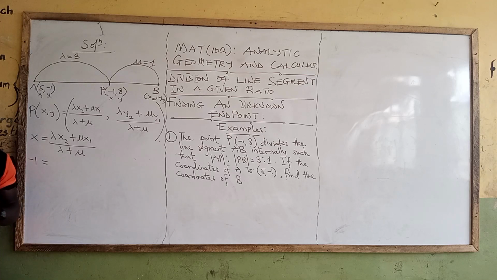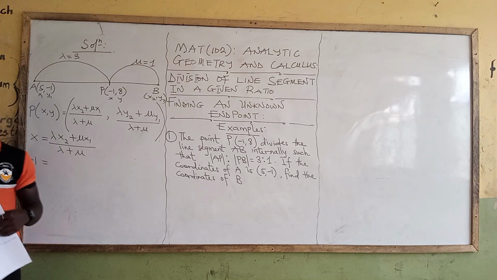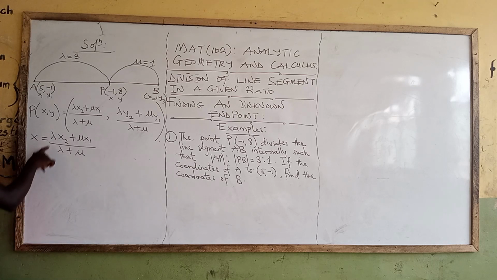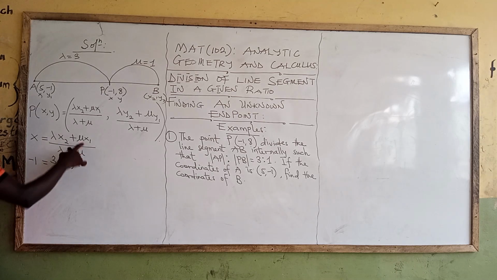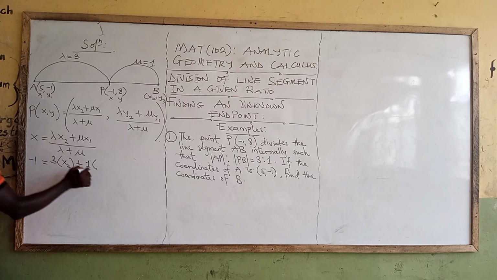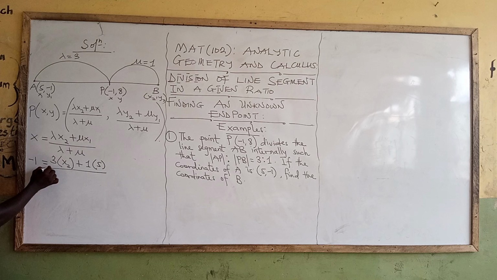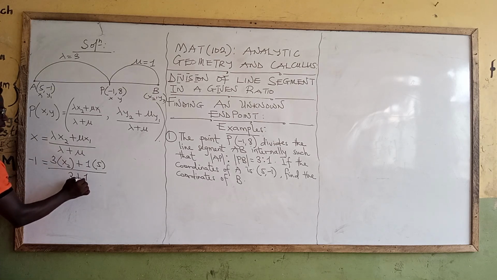So now let's see how best we can solve this question. Our lambda is 3. We don't know our x2, so our x2 is there. Plus our mu is 1. Then what is our x1? Our x1 is 5. Divided by lambda, which is 3, plus mu, which is 1.